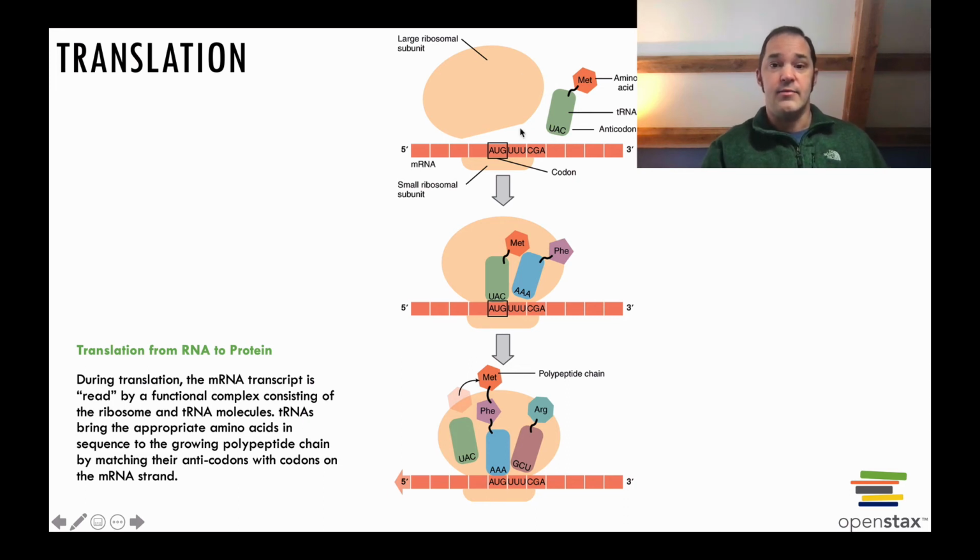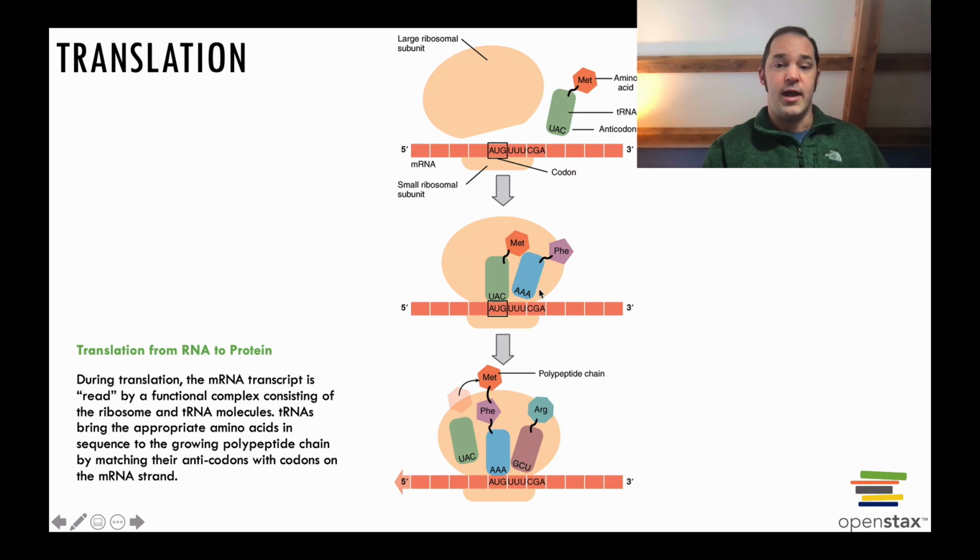And when a ribosome is reading the RNA code, it reads it in triplets, so 3 bases, and that's called a codon. So each of these triplets, depending on where your reading frame is, is a codon. And each codon codes for a specific amino acid in sequence.